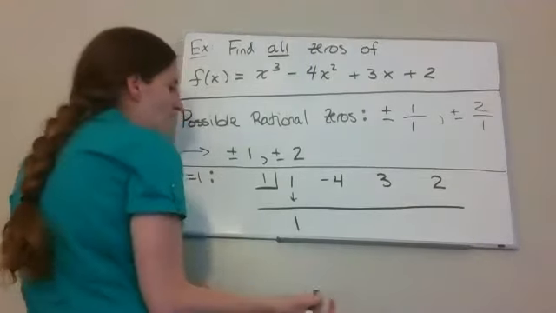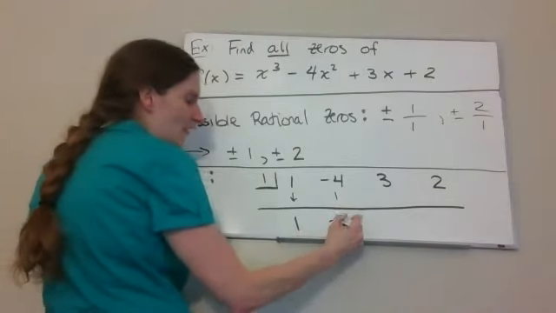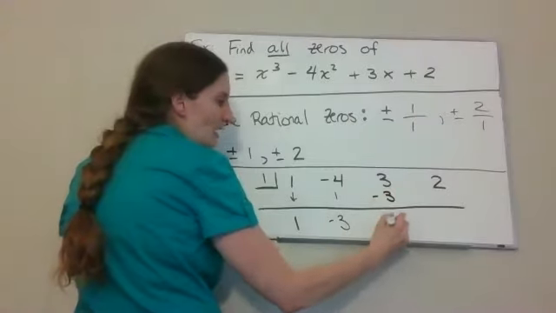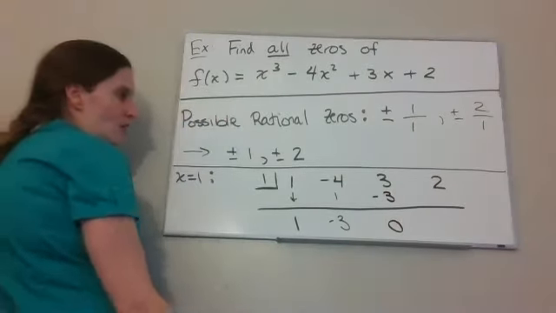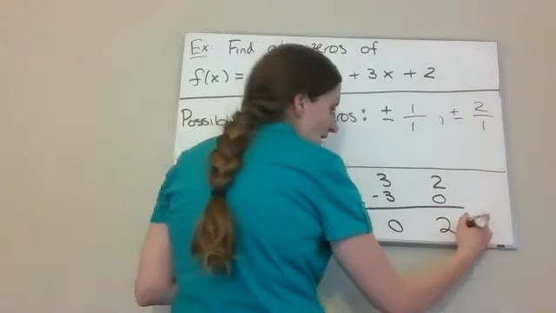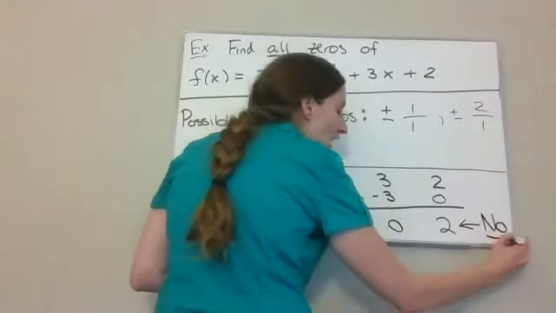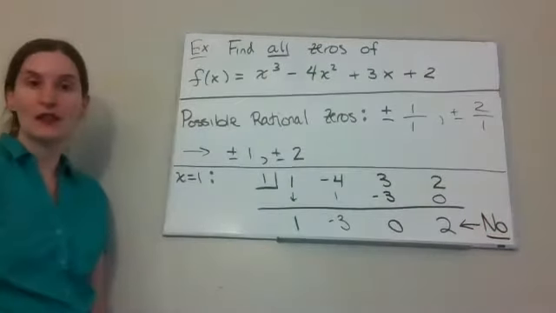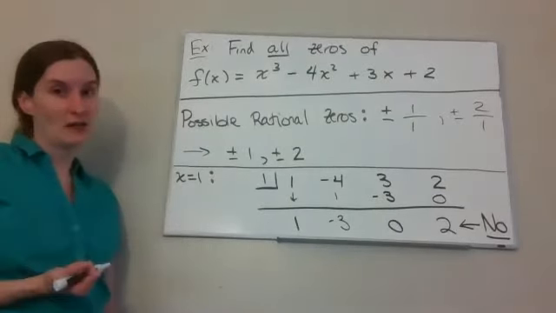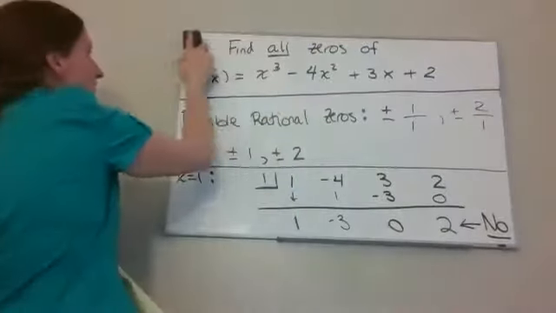All right, so doing our synthetic division, 1 times 1 is 1, add together. -3 times 1 is -3, add them together. 0 times 1 is 0, add them together, and I got a remainder of 2. This means that this is not going to be a 0 of this particular function. So x equals 1 is not a 0. Let's try the next one in our list, -1.